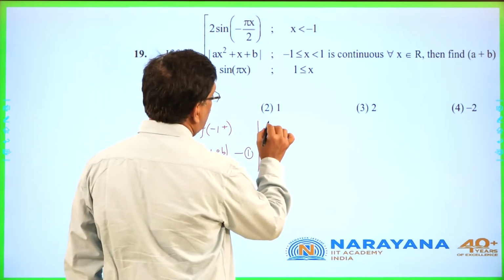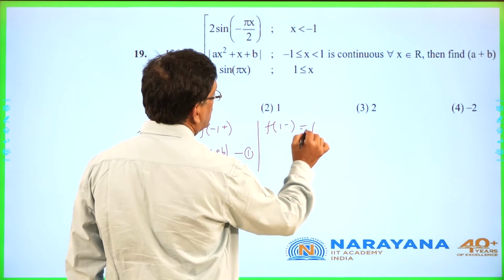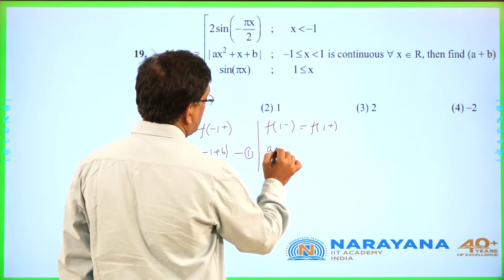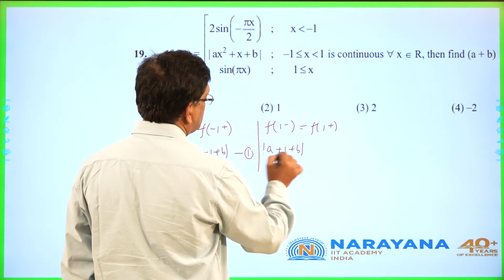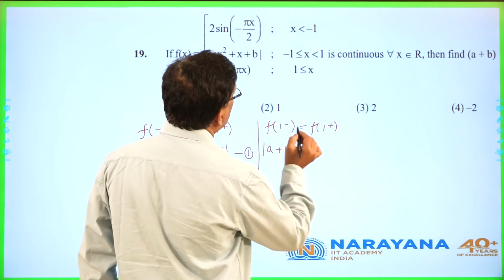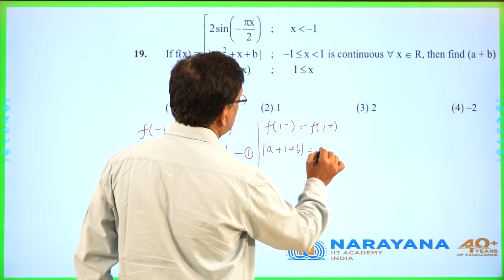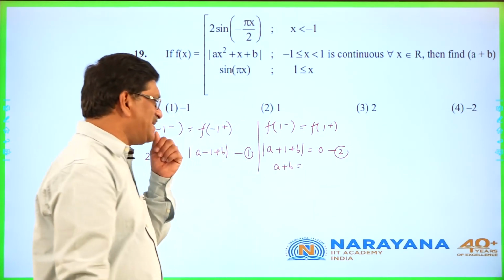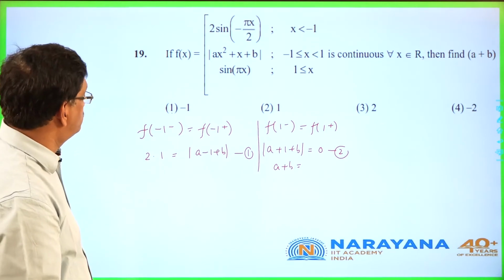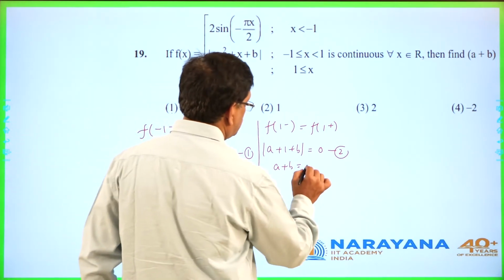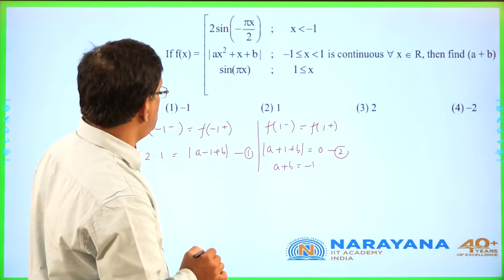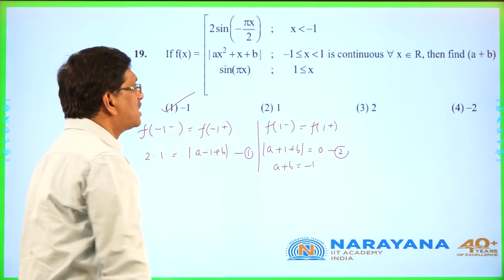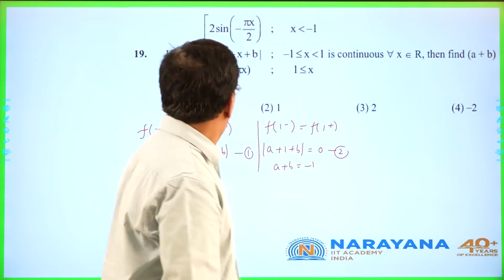Next, f of 1 minus equal to f of 1 plus, for 1, a plus 1 plus b is equal to, it is nothing but 0. So that means a plus b is equal to minus 1. A plus b is equal to minus 1 only. There is no other way. Continuity. Right? Go to the next question.